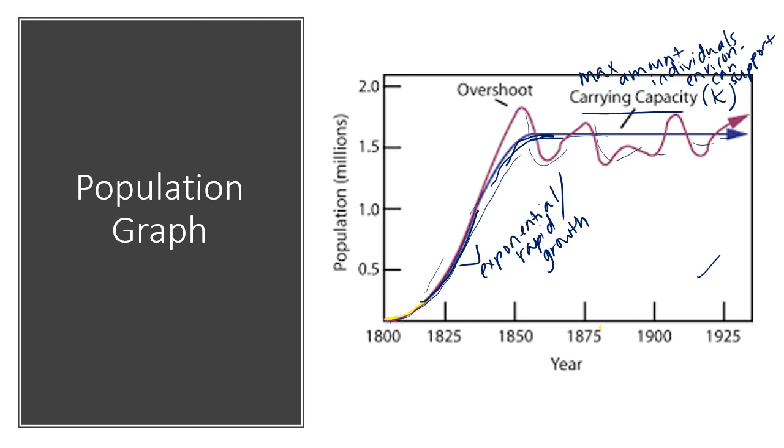So usually the organisms will overshoot, meaning that they will actually have more individuals than can be supported in the area. And then that's why you have this drastic decline, because they'll die off and then they'll kind of float around this carrying capacity. All right. Sometimes producing too many, sometimes too little, so then they'll grow some more. But the environment cannot support any more than what's already in the carrying capacity.